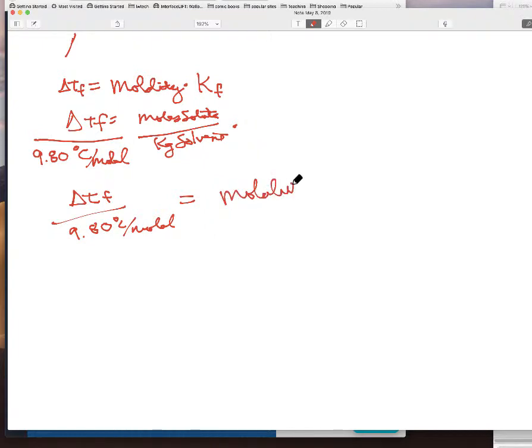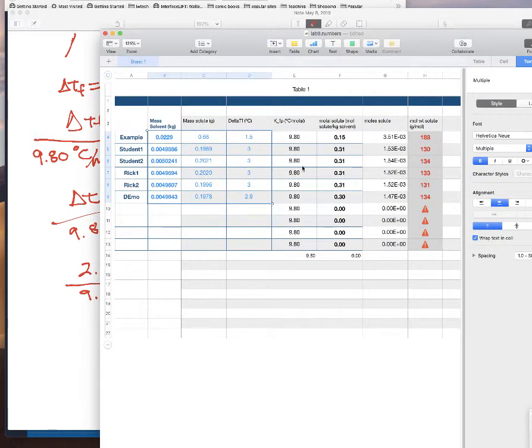the molality of this solution. In our case that is 2.9 degrees Celsius divided by 9.80 degrees Celsius per molal. Looking over here on our spreadsheet, that's exactly what we did.